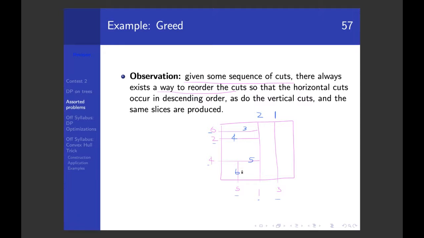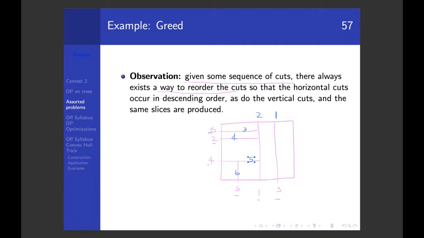In this case, the vertical cuts occurred in descending order, 1, then 2, then 6. The vertical cuts also occurred in descending order, 3, then 4, then 5, like this one, this one, this one.